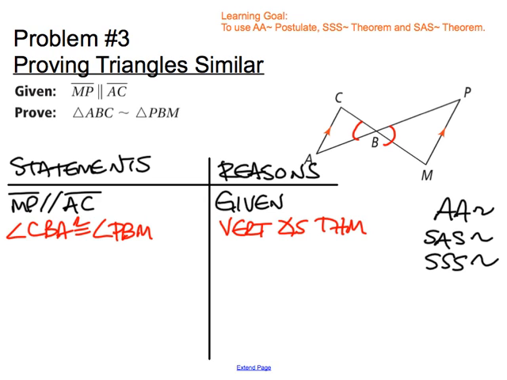So if I can show that only one more angle is congruent in each of these triangles, I can immediately go to the angle-angle similarity postulate. Conveniently, the Z shape that we see here, A to C, C to M, and then M to P, gives me something else that we've studied already, which is that angle C is congruent to angle M by alternate interior angles theorem.